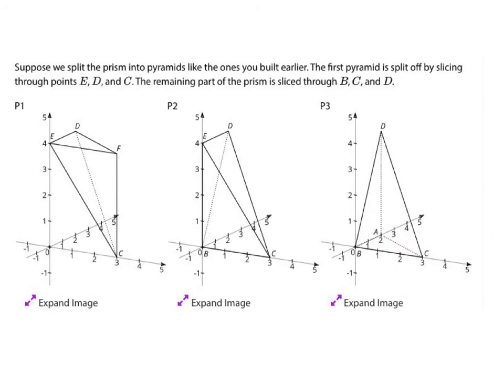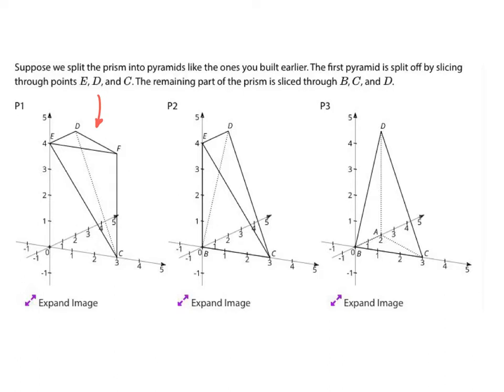Suppose we split the prism into pyramids like the ones you built earlier. These are the instructions from the last slide. The first pyramid is split off by slicing through those points, which is right here. The remaining part is slicing through the other points, which is B, C, and D there. And then we have the leftovers.